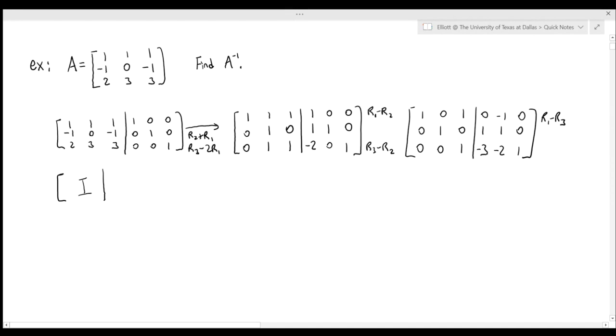And if we do row 1 minus row 3, it's going to be 3, 1, and negative 1. And so then finally, this will be what we ended up with here on the right-hand side. That should be the inverse of our matrix A.